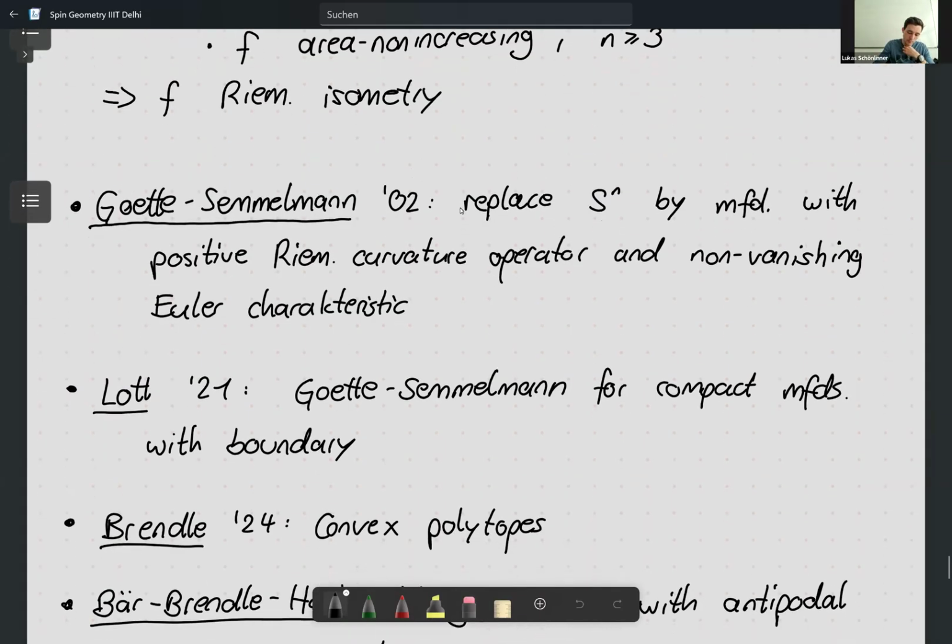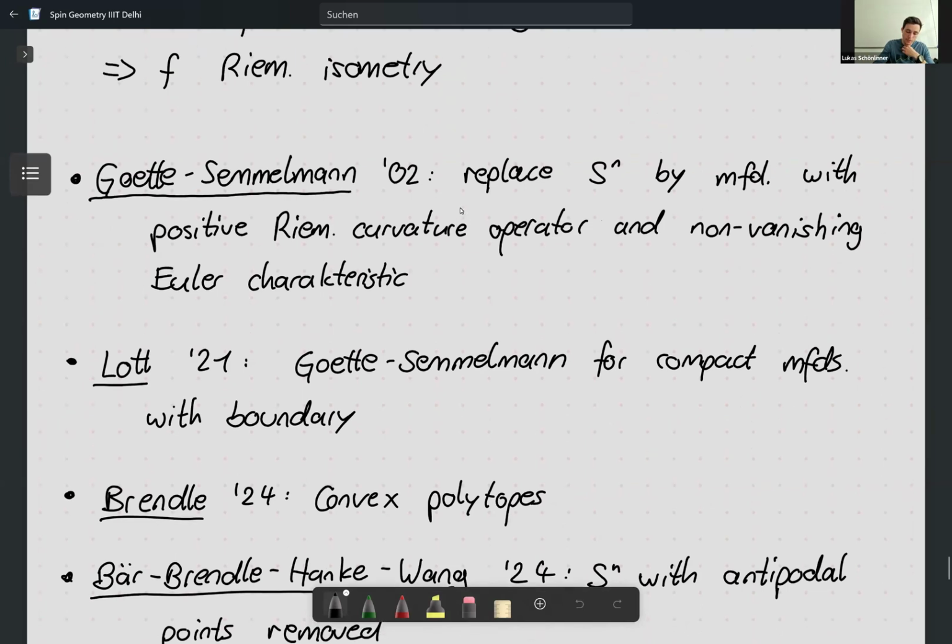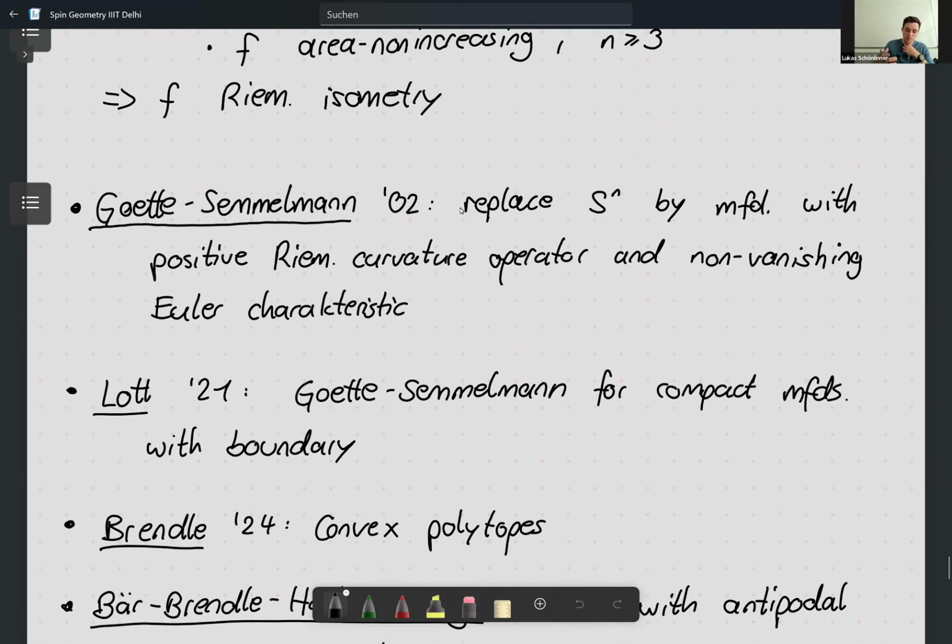And then a result from a kind of different perspective is the one from Brendle. Namely, he showed a rigidity theorem for convex polytopes.